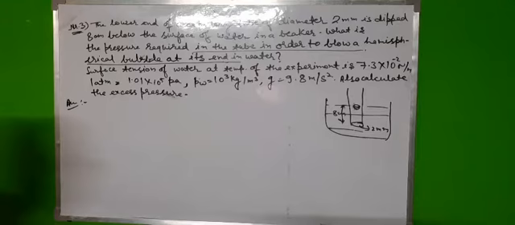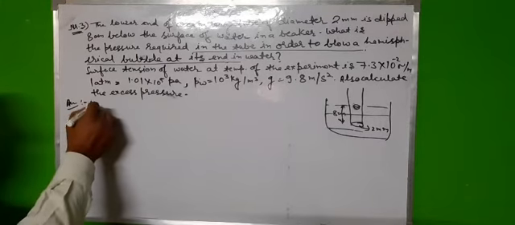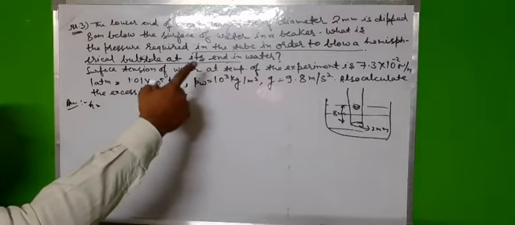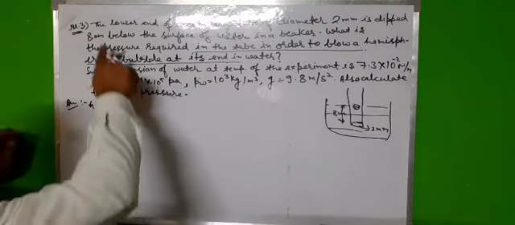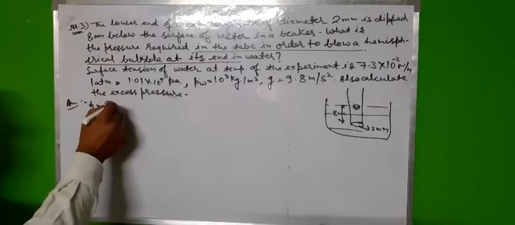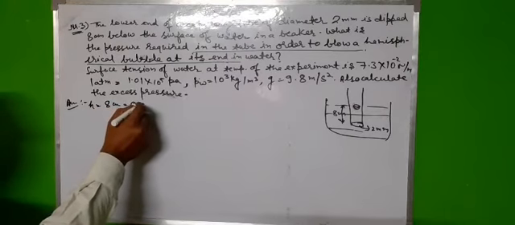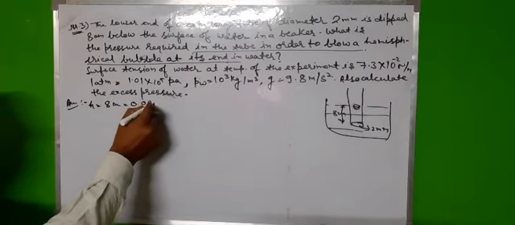Surface tension of water at the temperature of the experiment is given. So first of all, height is given as 8 centimeter. So 8 centimeter means to say 0.08 meter.